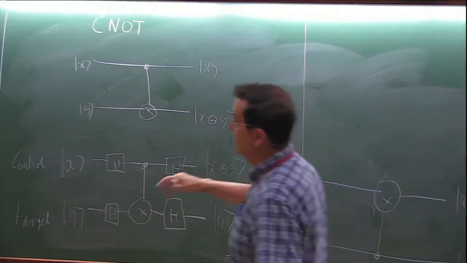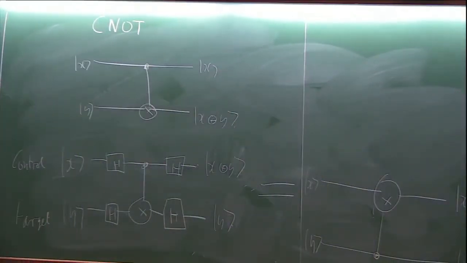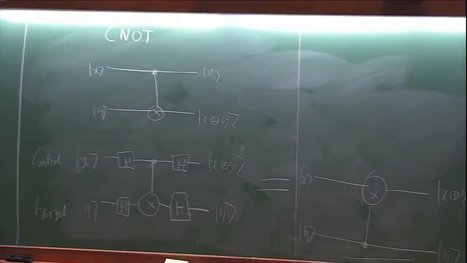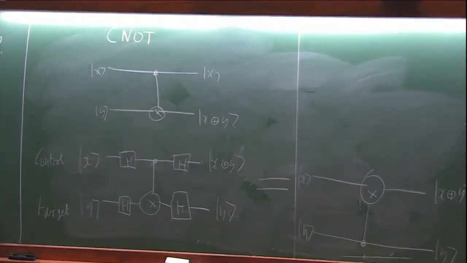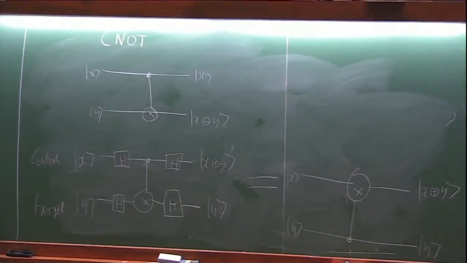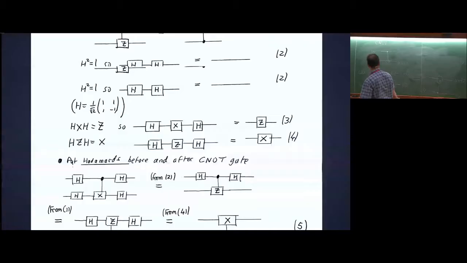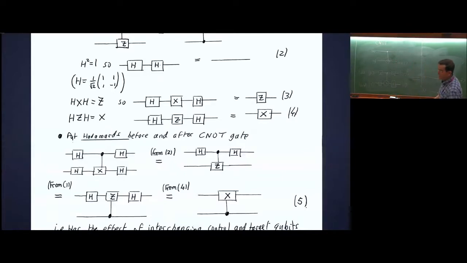I would say that it's not obvious that these Hadamards with the control NOT are equivalent to no Hadamards and the control NOT, but with the target and control bits interchanged, but it's true. You can derive this result in different ways. Each of these you can consider starting from some initial state. The direct product of two Hadamards is a 4x4 matrix.